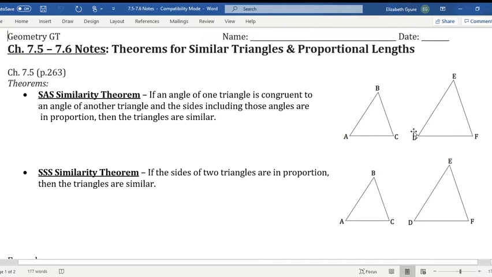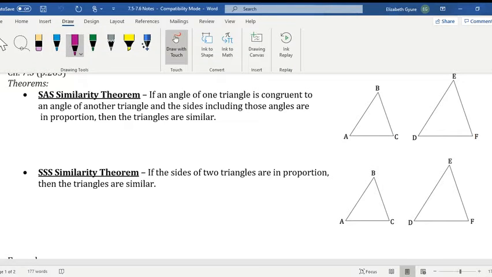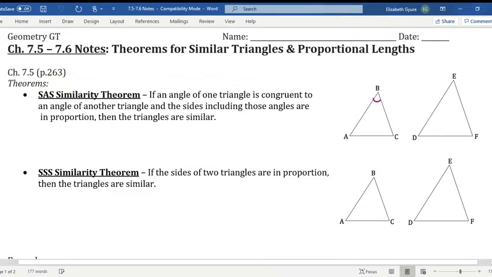So if I just gave you two generic triangles so we can talk about what you'd need to look for. First of all, we have to have at least one set of congruent corresponding angles. So let's say maybe angle B was congruent to E, right? Then we also need two sets of proportional sides.